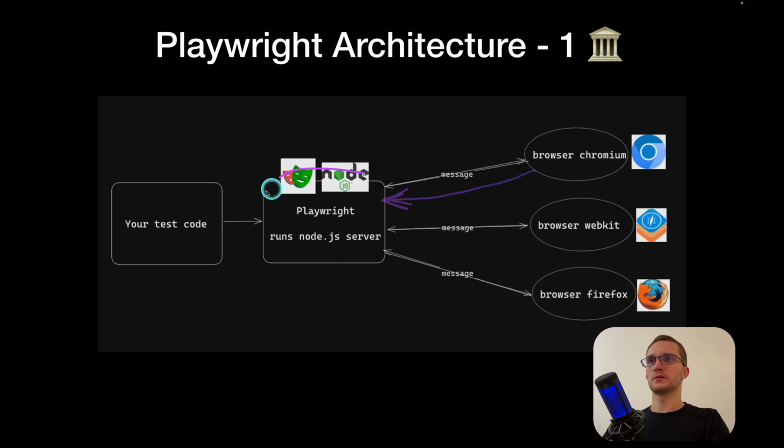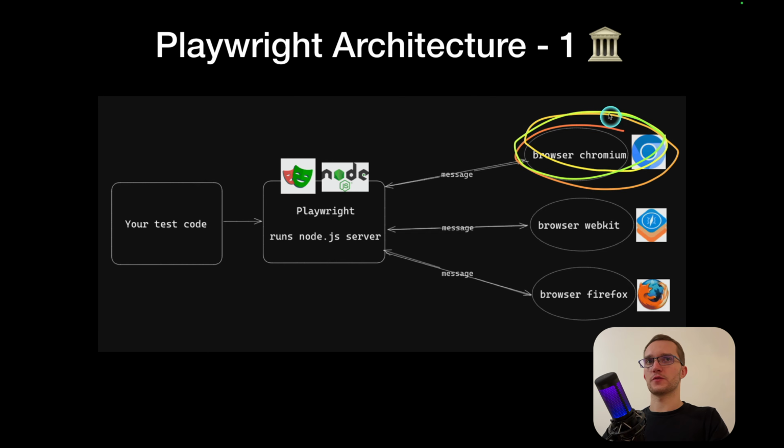Okay, and then Playwright goes and reads another line of your code, which might be something like find this element. Then Node.js managed by Playwright sends a message to the browser, find this element for me. Then the browser searches for your element in the DOM document, if you remember, the HTML tree, DOM tree, whatever you call it.